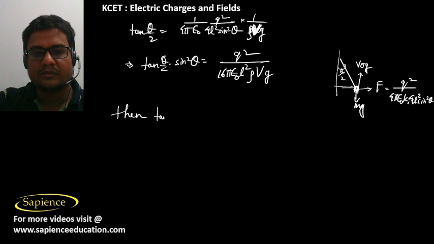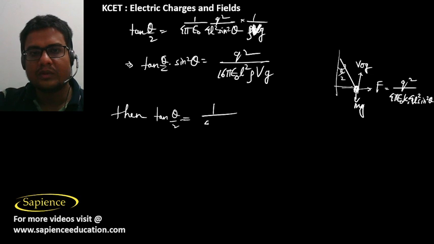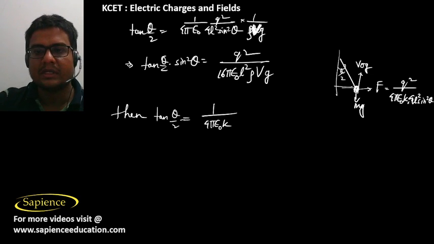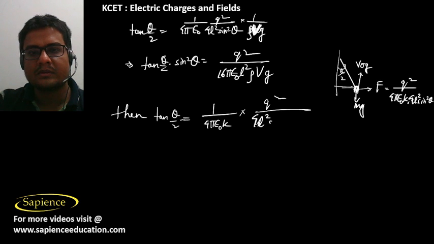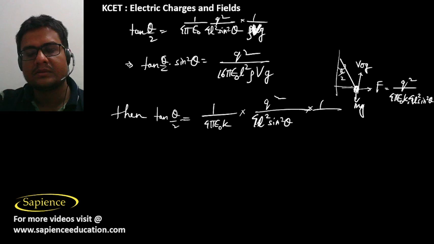So then also the angle is remaining the same, which is theta by 2. Therefore, tan theta by 2 will again be equal to 1 by 4 pi epsilon naught into k, where k is the dielectric constant of this liquid, into q square by 4l square sine square theta, into 1 by mg.